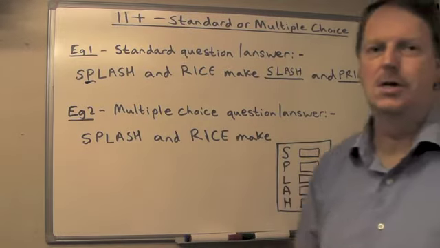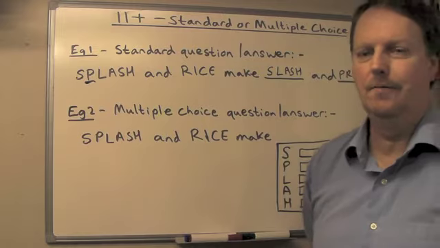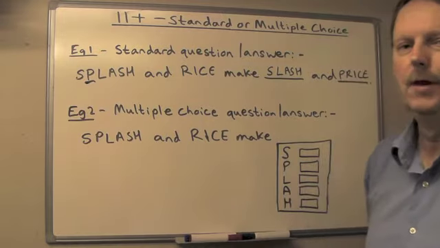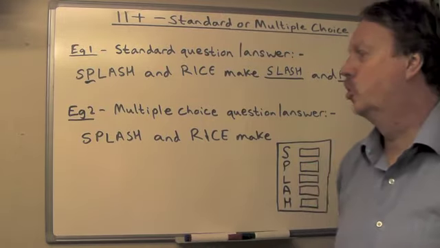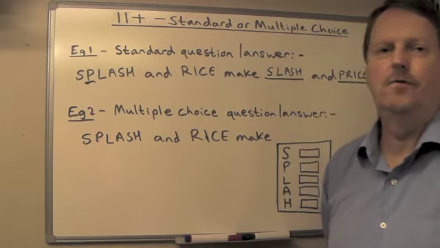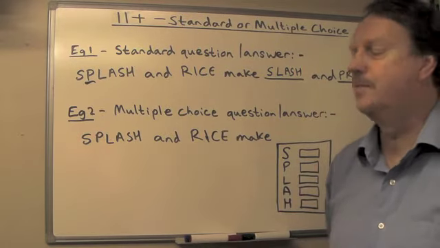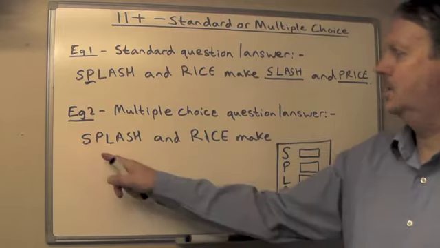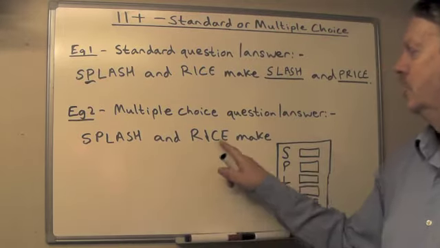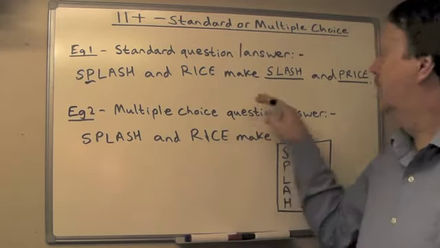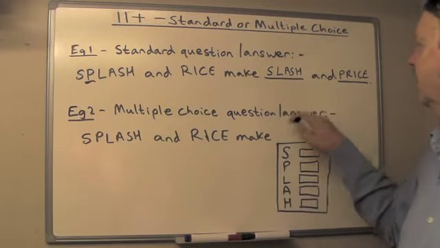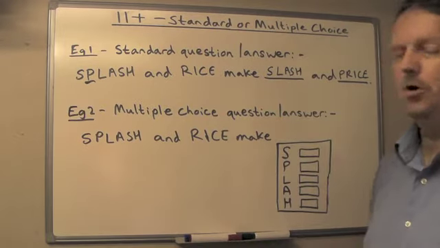Now, in recent years, multiple choice format for 11 Plus has come in, where the child has to make a choice of 3, 4 or 5 answers. Now, we've got exactly the same question, Splash and Rice make. This time there isn't a line for them to write the answer on.